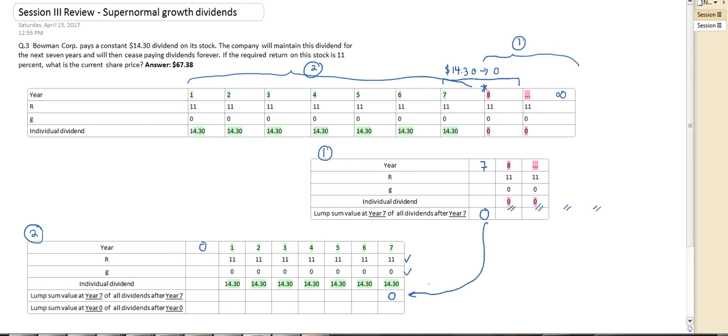Make sense? That's the present value of cash flow from year 8 to infinity, which is 0 because nothing happens after that. So you can do it 2 ways.